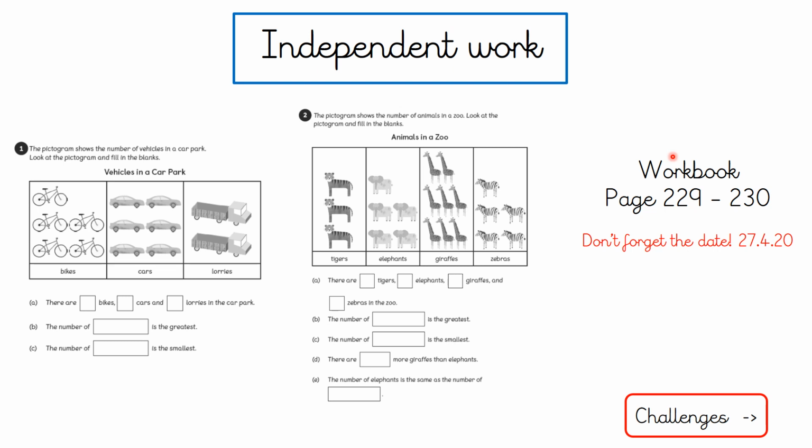I would really like everybody to have a go for at least 5 minutes working independently before they ask somebody for help. Don't forget to write the date in your book. Today is the 27th of April, which is the 4th month in the year 2020. There are also some challenges on the next page if you'd like to push yourself after you've finished.